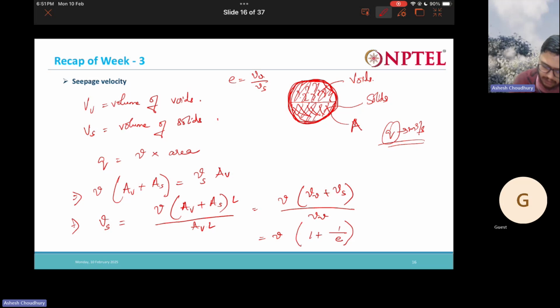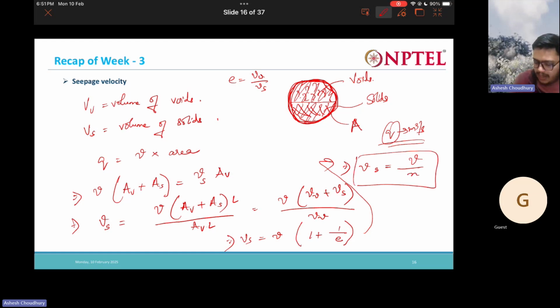Now, using the relation between e and n, where n is the porosity, I can write this as V by n, or Vs is equal to V by n.